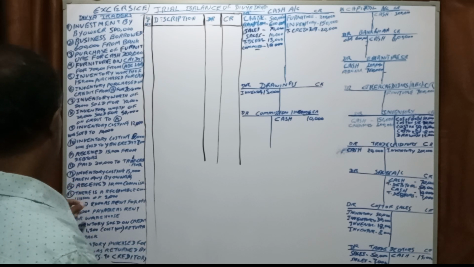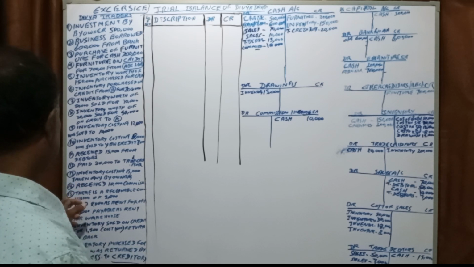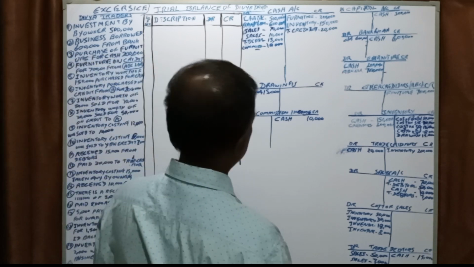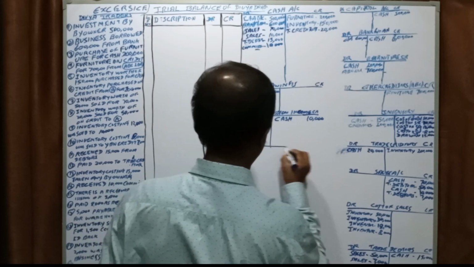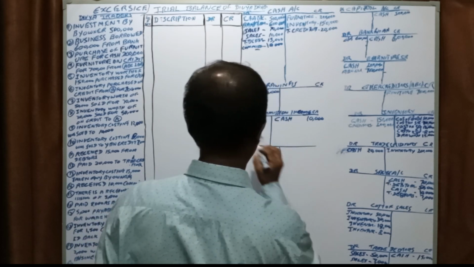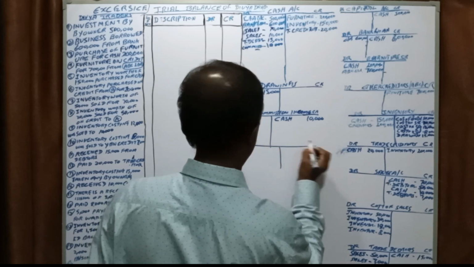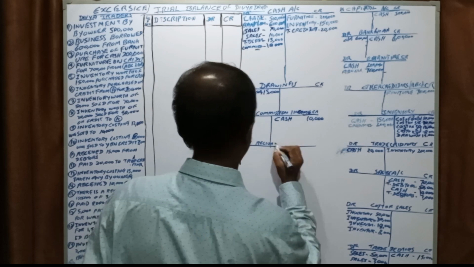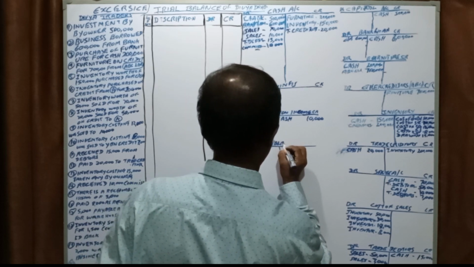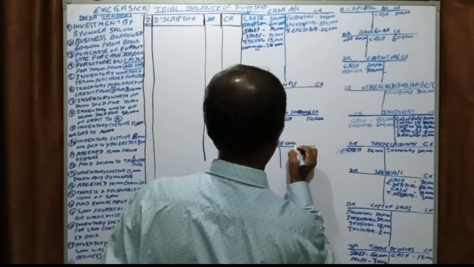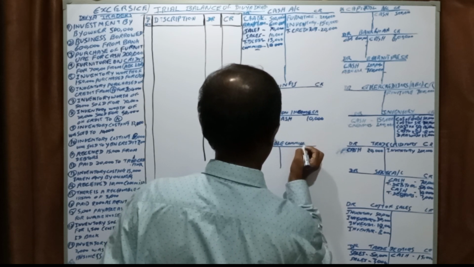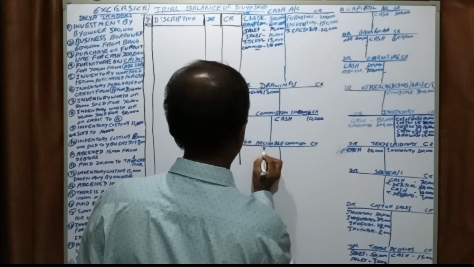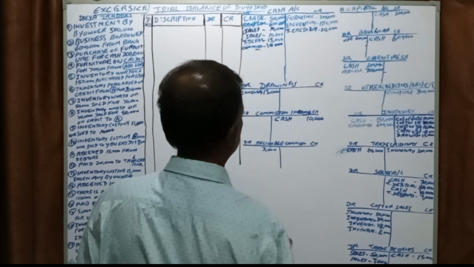Commission income 10,000. Next, adjustment number 15 says there is a receivable commission of 3,000, right? Then receivable commission account debit. So receivable commission is debited to 3,000, right?